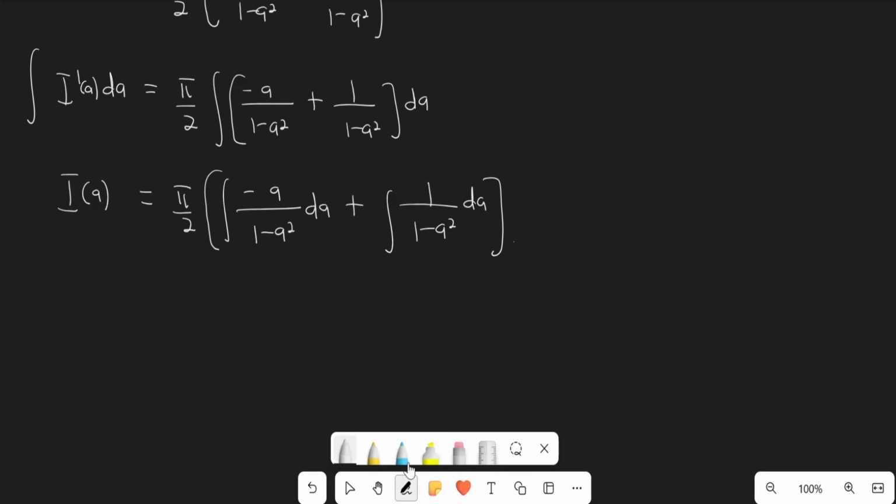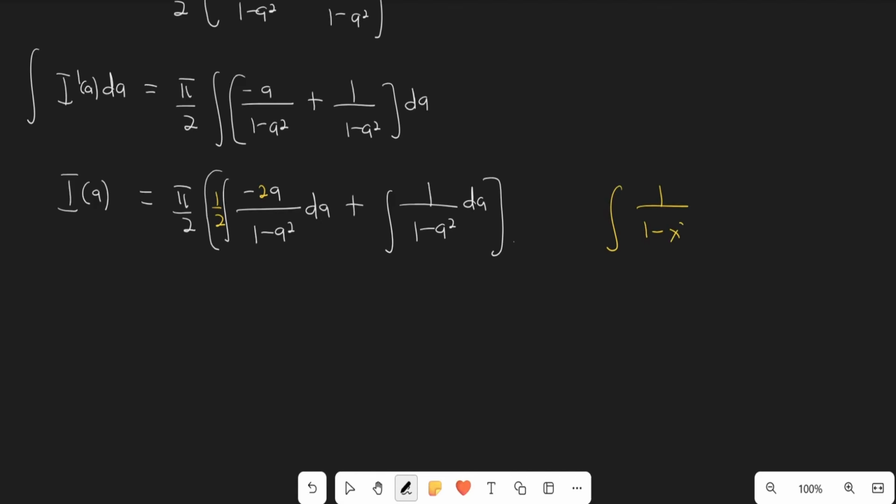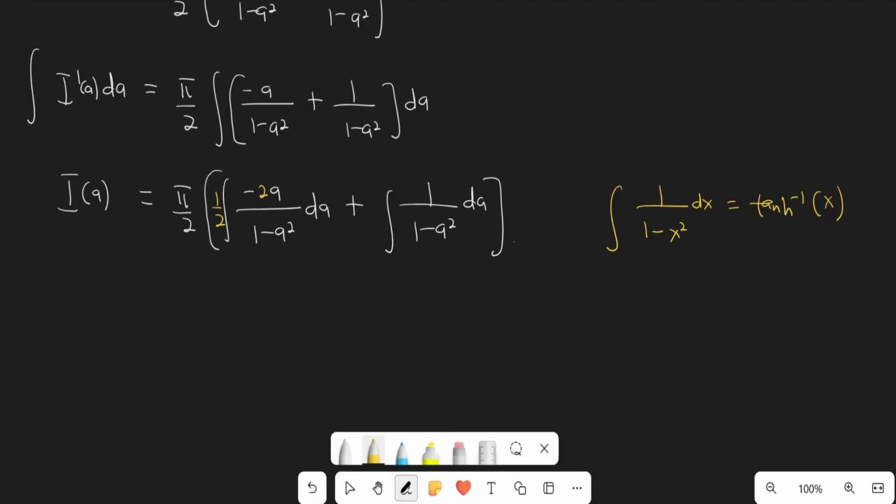Now for this one, I am going to multiply by 2 and then divide the integral by 2, to cancel the effect. And we also know that the integral of 1 all over 1 minus x squared dx is the same as the tanh inverse of x, right? So this one is just the tanh inverse of a.